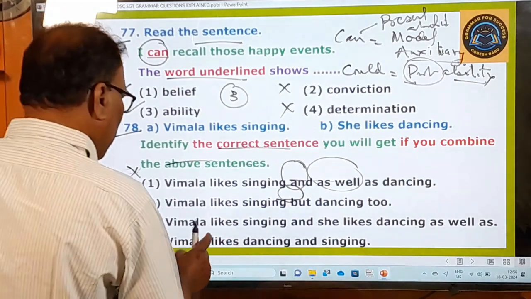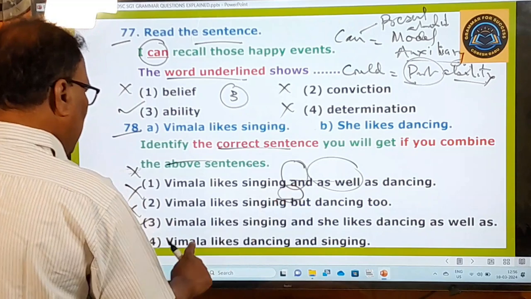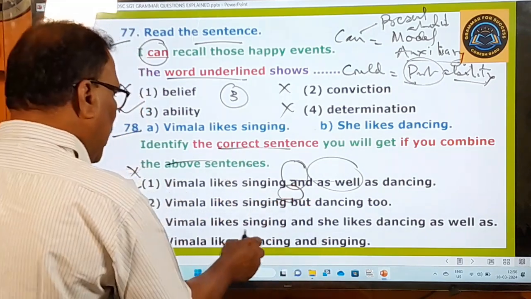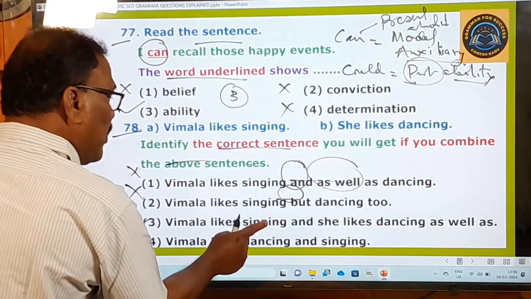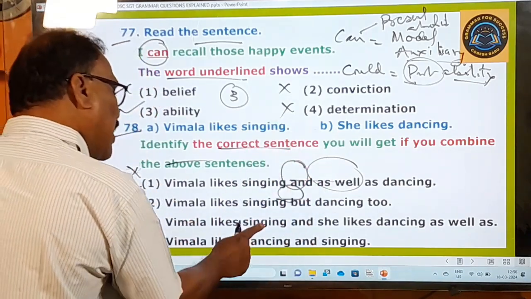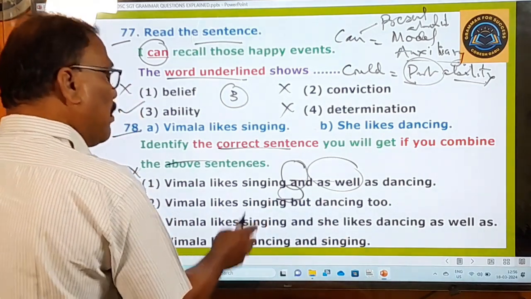Actually, this should have been like this: Vimala likes first singing, then dancing, but in reverse, no. Whatever it is, Vimala likes singing and dancing, or dancing and singing. And you can also say Vimala likes dancing as well as singing. That is also correct. Vimala likes both singing and dancing. Vimala likes not only dancing but also singing.